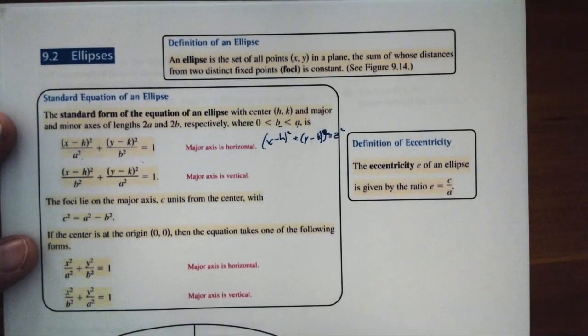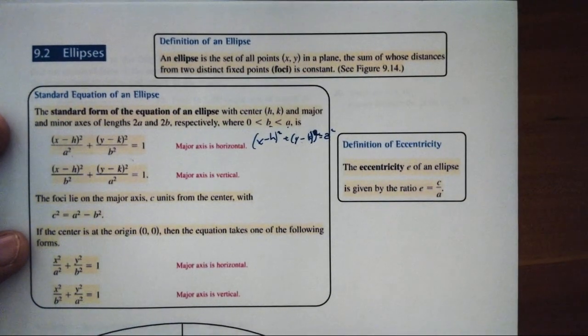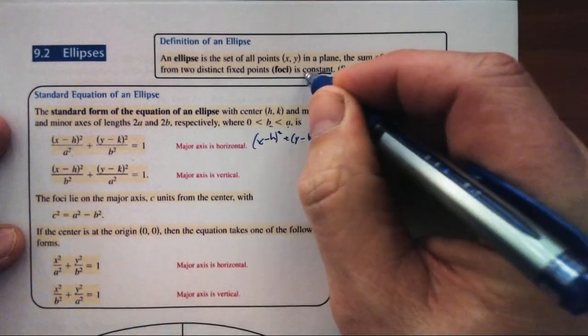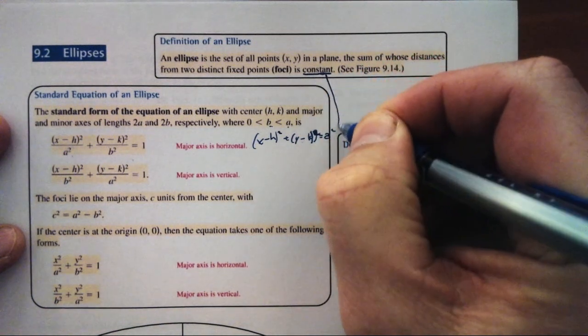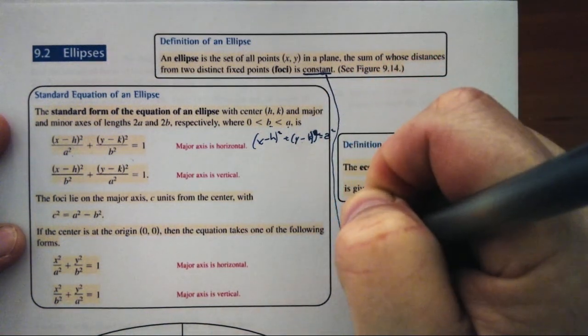But let's go back to the definition of an ellipse. The definition says an ellipse is the set of all points (x, y) in a plane, the sum of whose distances from two distinct points, called the foci, is constant. And this whole constant thing, we're going to talk about that in a little bit.